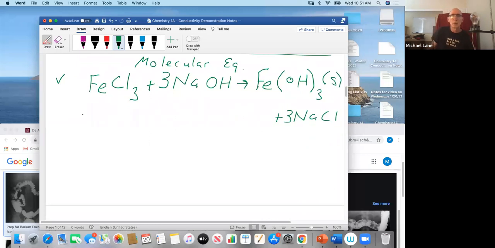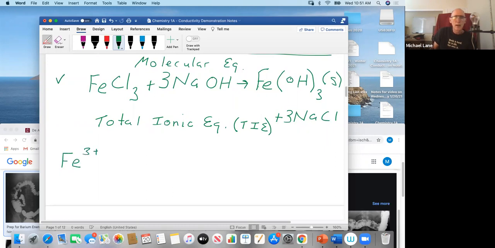So what's the total ionic equation? And later on, you may see me abbreviate this TIE for total ionic equation. Well, the iron is soluble and it is ionic. So it exists thus. The 3 commutes through.